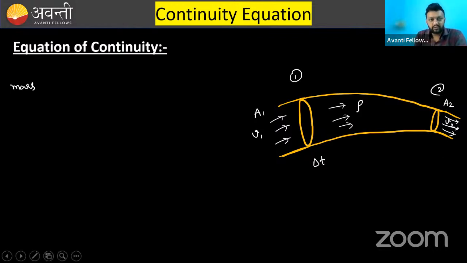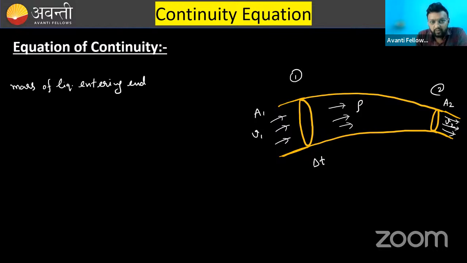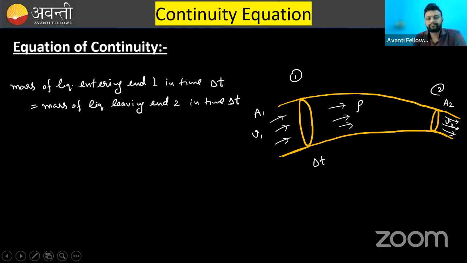So I will write it out. Mass of liquid entering at end 1 in time delta t is equal to the mass of liquid leaving at end 2 in time delta t.